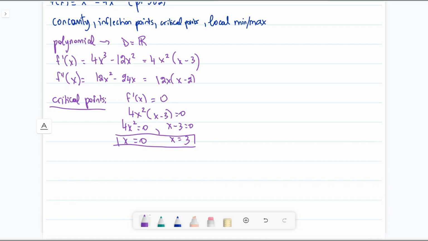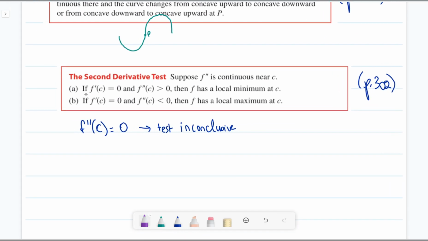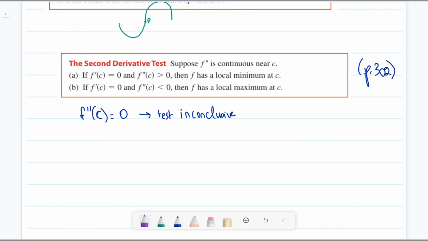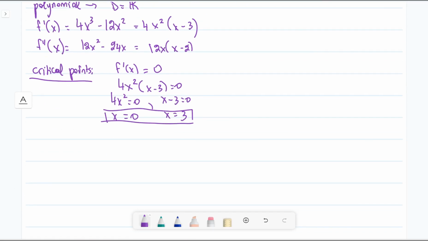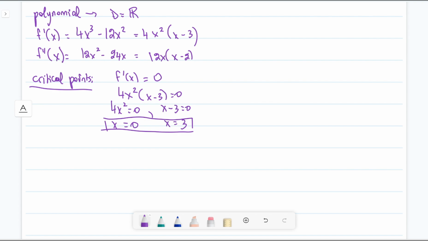To do so, we can use the second derivative test, because the second derivative test says that if the first derivative is 0, as we just found using the critical points, we can just look at the sign of the second derivative to know if we have a local minimum or maximum. So let's look at the points x equals 0 and x equals 3. Let's find the second derivative computed at these points.